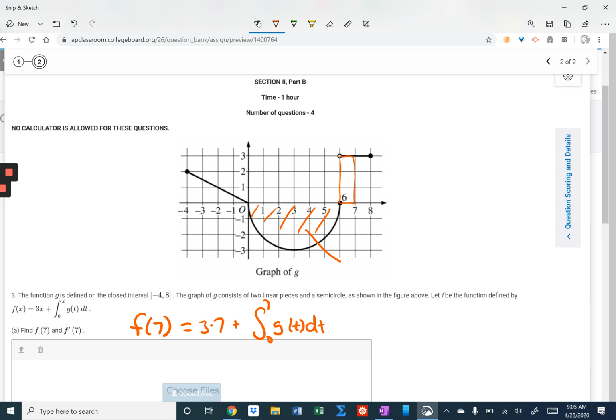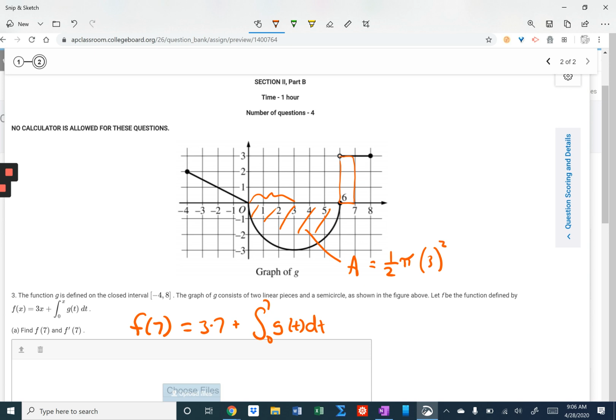Let's talk about the circle for a little bit. We have a radius of 3, and so the area of this part over here, not going to make it negative yet, I'll make it negative down here, is 1/2 pi times the radius 3 squared, because it's a semicircle.